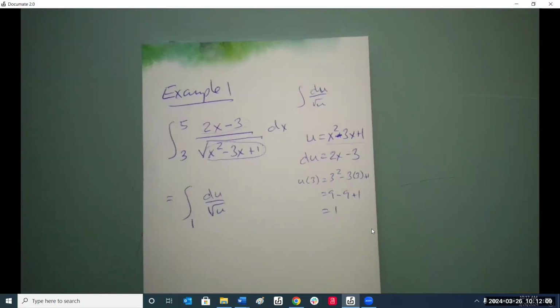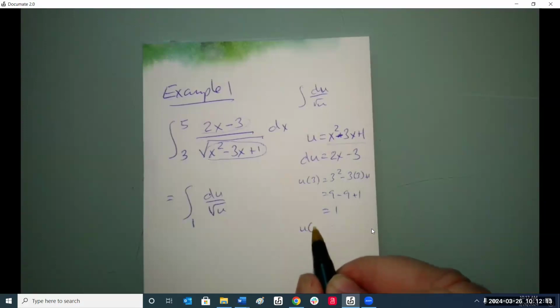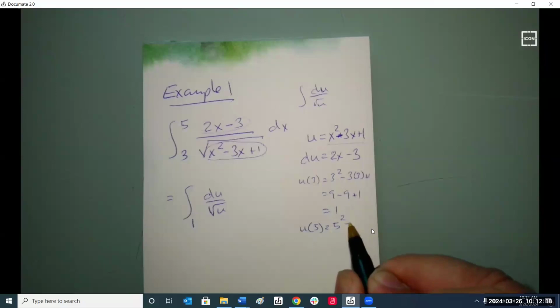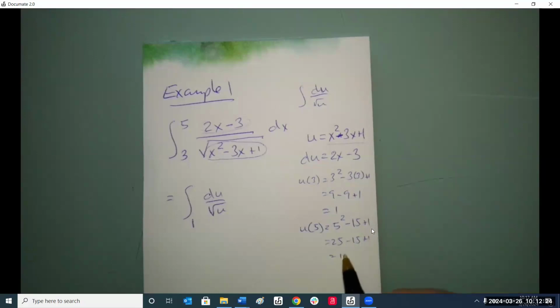So now we're going to go from the bound of 1. And for the upper bound, when x is 5, 5 squared minus 15 plus 1: 25 minus 15 plus 1 is 10 plus 1, 11.